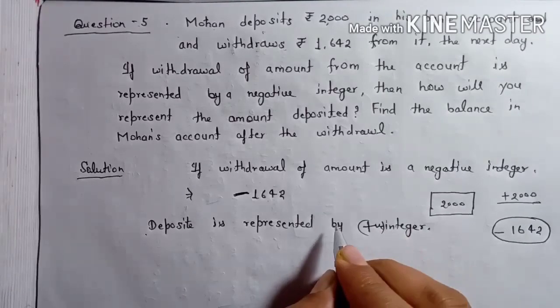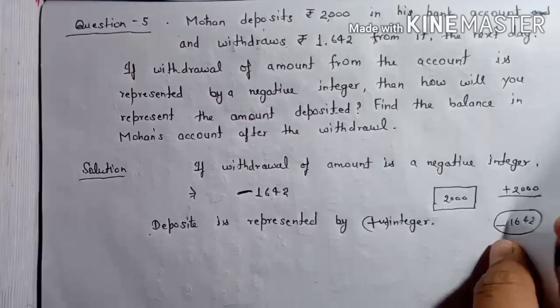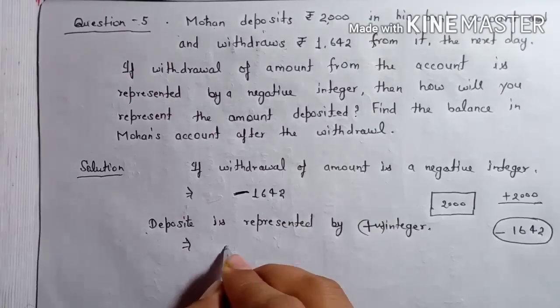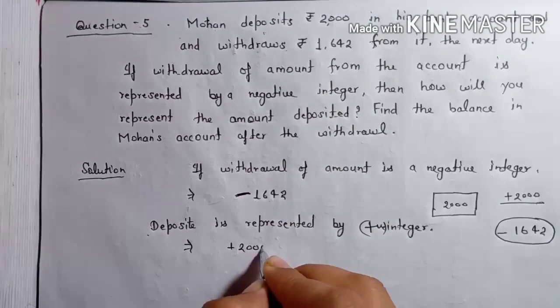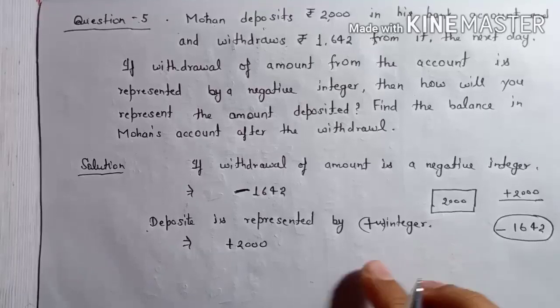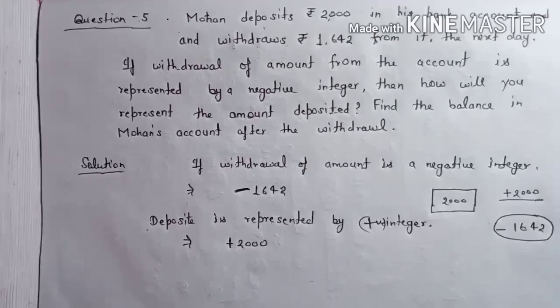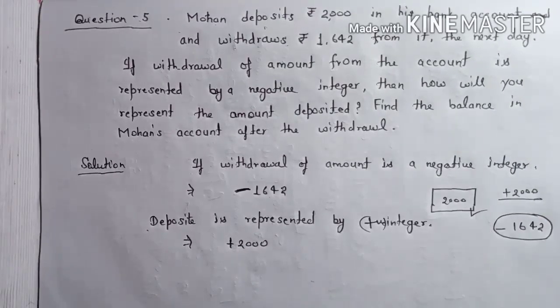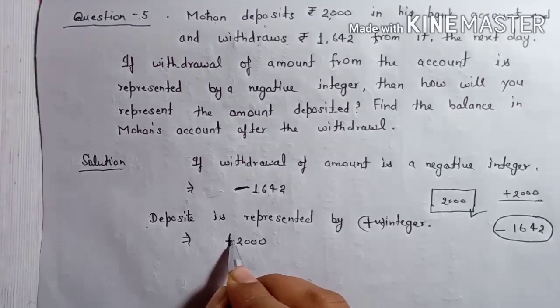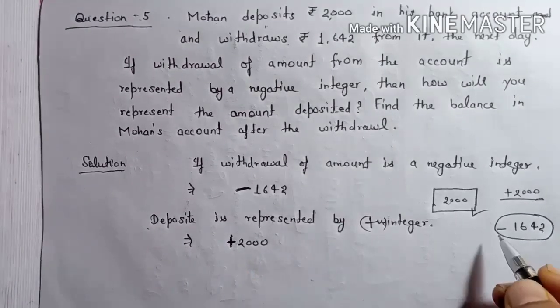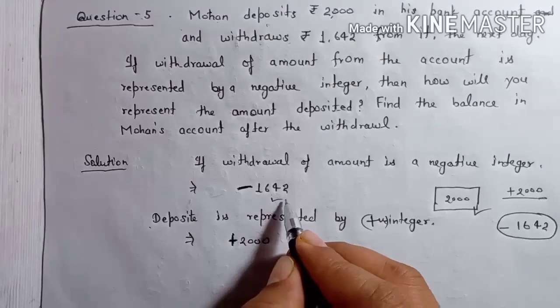Here you need to write positive integer, and that will be plus 2000. So this is the amount that we added to our account, and that is in plus. It means you are adding this amount to your account, and it means that you are withdrawing this amount from your account.